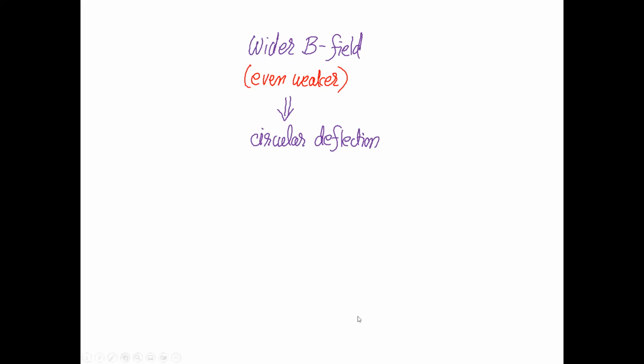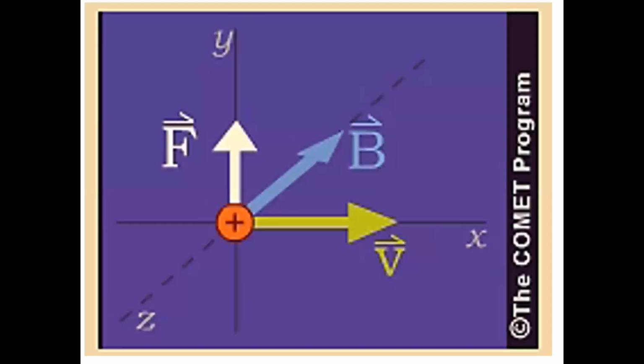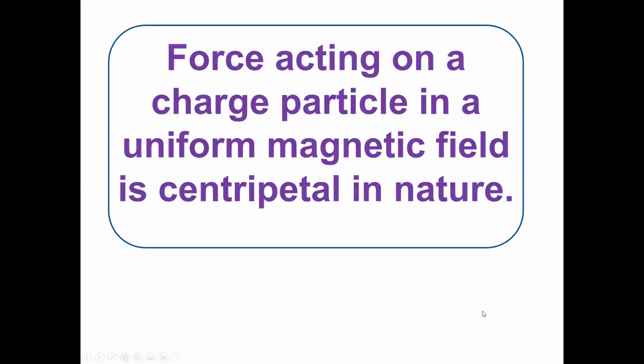If the field is in a very big region, even a weaker field can produce a complete circle in deflection. Now, that concept comes again: force, magnetic field, and velocity are mutually perpendicular. The force acting on a charged particle in a uniform magnetic field is centripetal in nature if the charged particle has entered at 90 degrees.